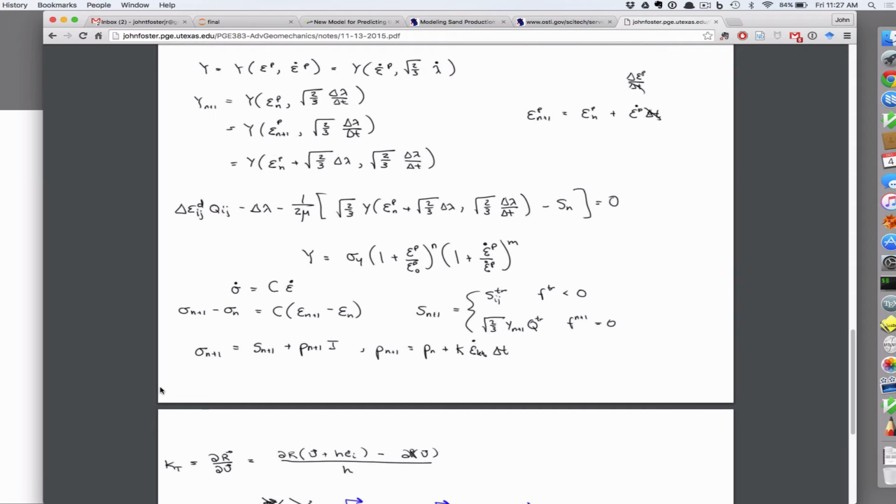Once you substitute in your yield function, which in this case has no strain rate term, so it's just the quasi-static yield stress plus h times the equivalent plastic strain, and all of this at the n+1 time step, right? We're doing fully implicit. So instead of using this one, you just use the hardened one that I told you. And the rest of it follows through.